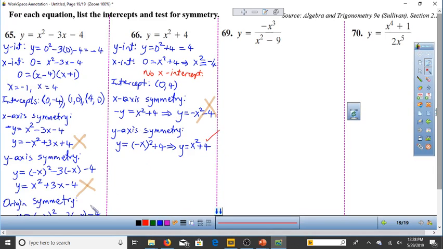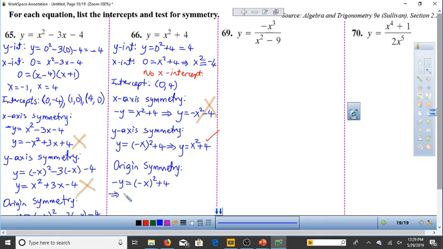And now let's check for origin symmetry. For origin symmetry, we replace both the x's and the y's with their negatives.